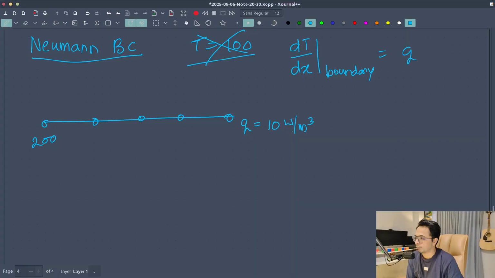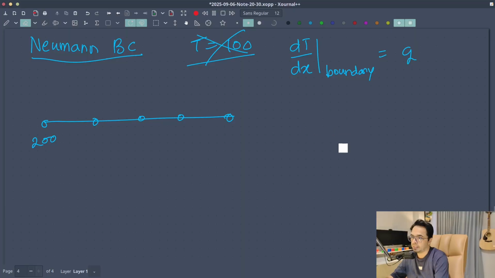Now the question would be, how do we deal with this? Because so far we have always gone with the Dirichlet approach, so things were very easy. What about this case?